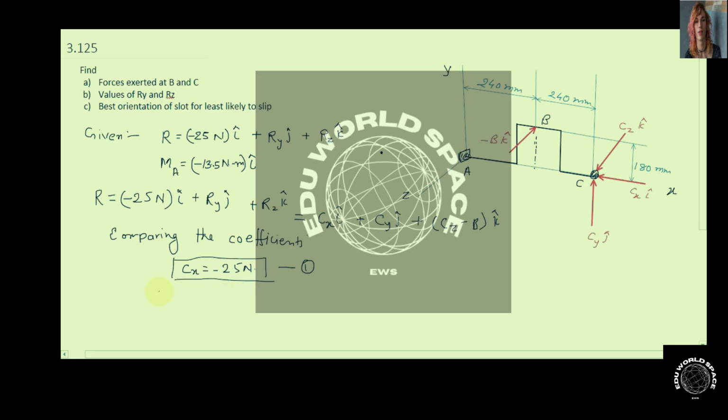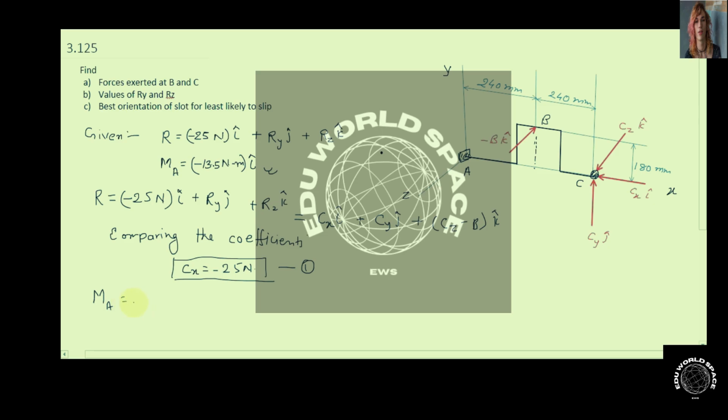Now we can calculate the moment about point A, and since the net moment is given in this problem to be minus 13.5 Newton meter i cap, we can calculate these moments about A and compare the coefficients again.